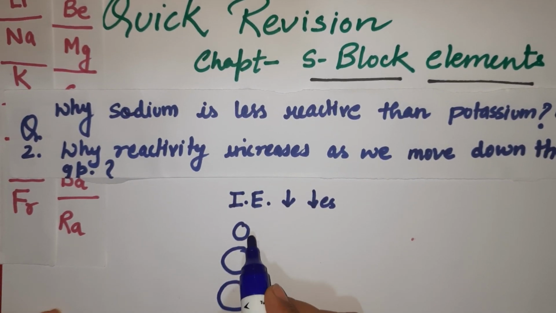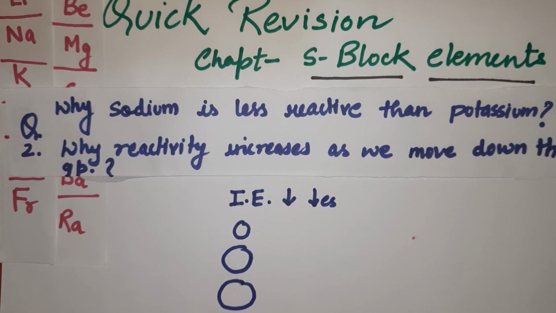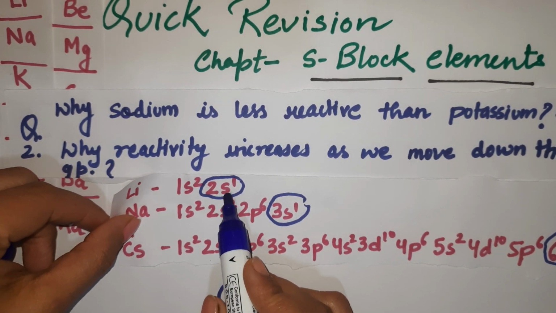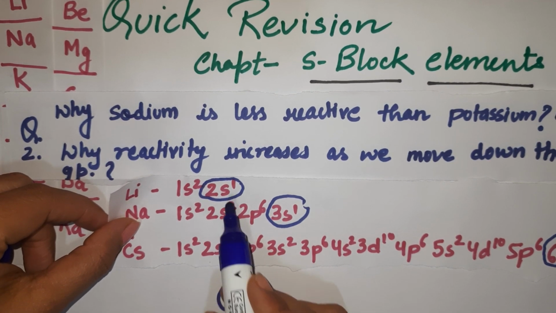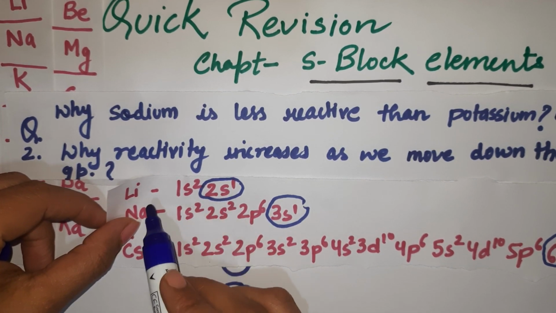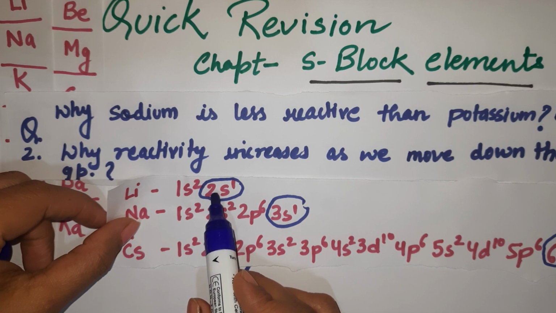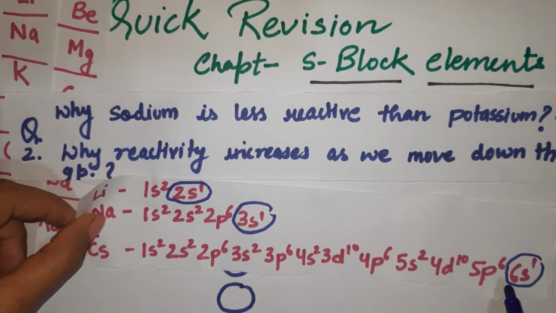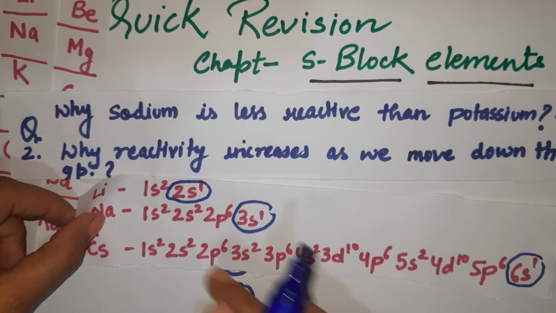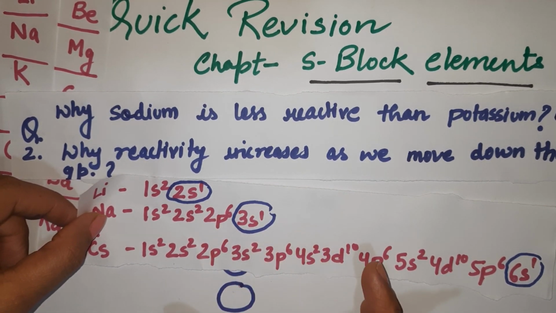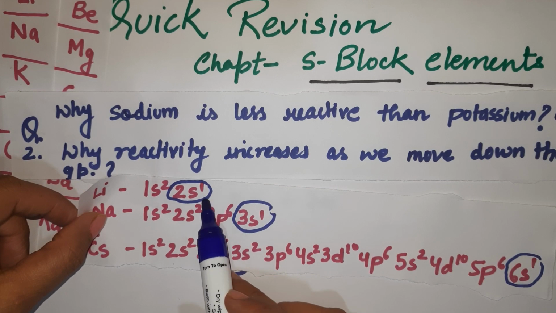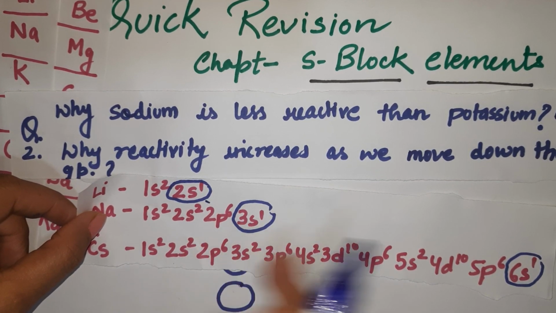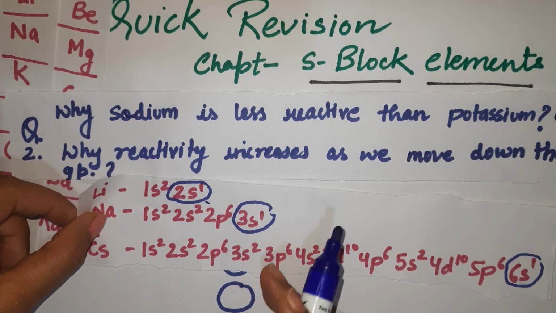So for the outermost electron, here you can see the electronic configuration. This s orbital electron in lithium is filled in the second shell, but in cesium the electron is filled in the sixth shell. So as we move down the group, size increases, and this outermost electron is farther from the nucleus, or you can say the center.